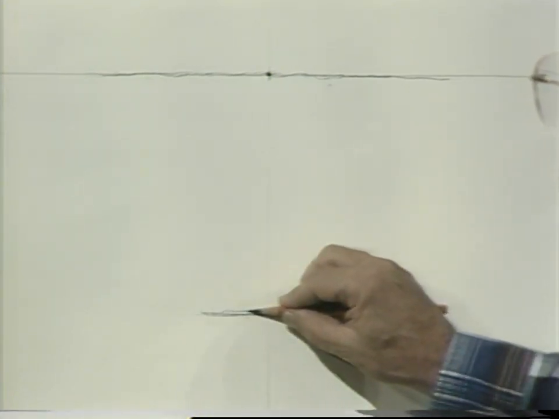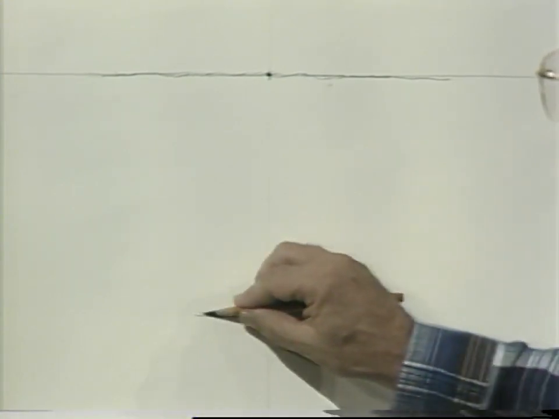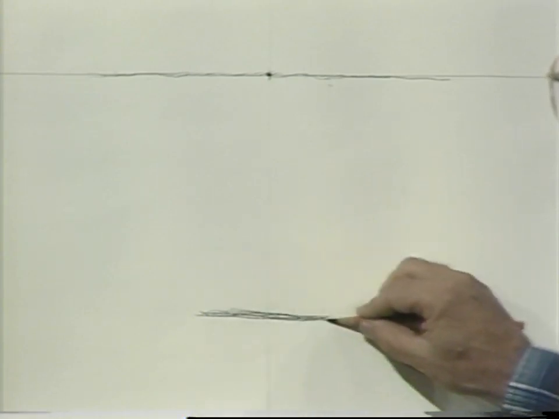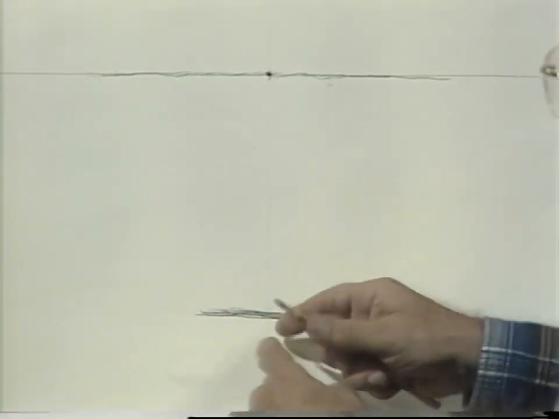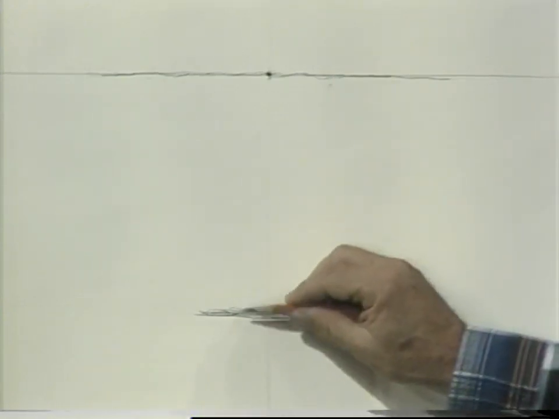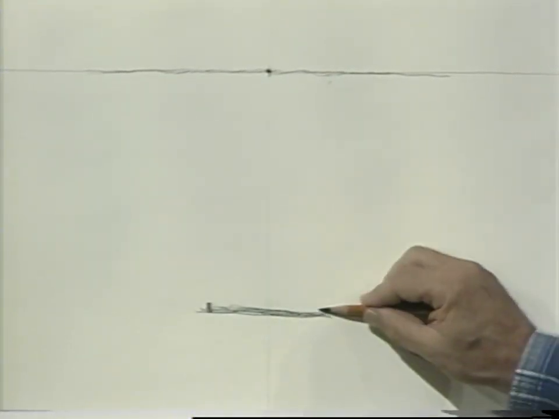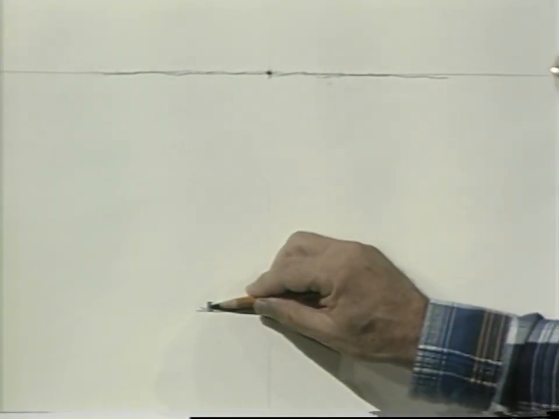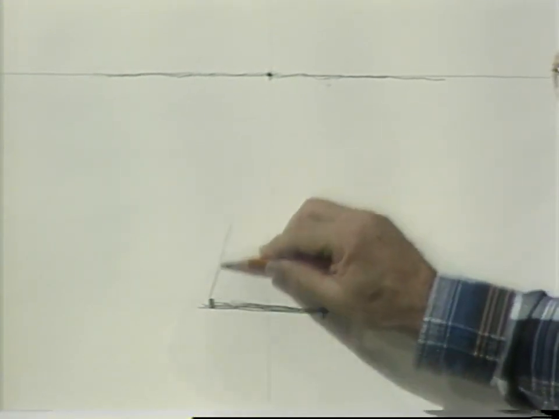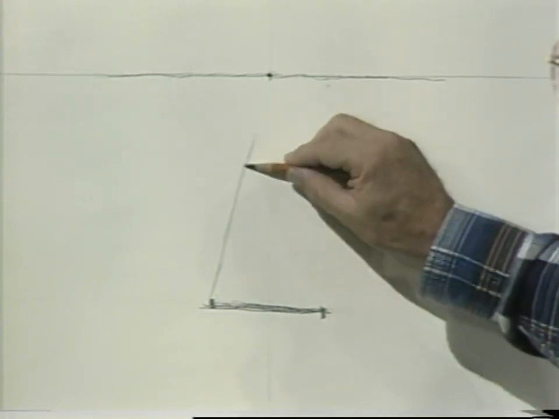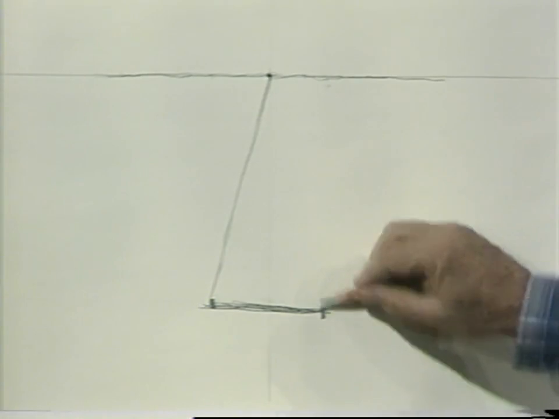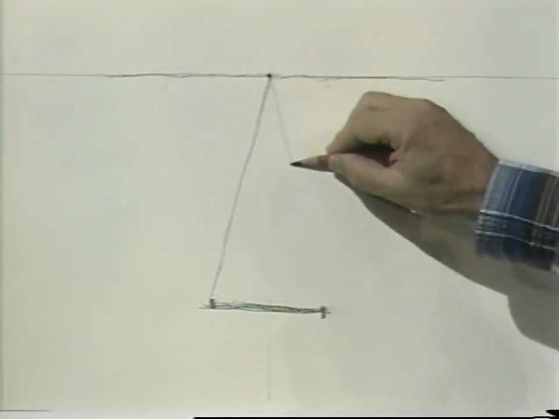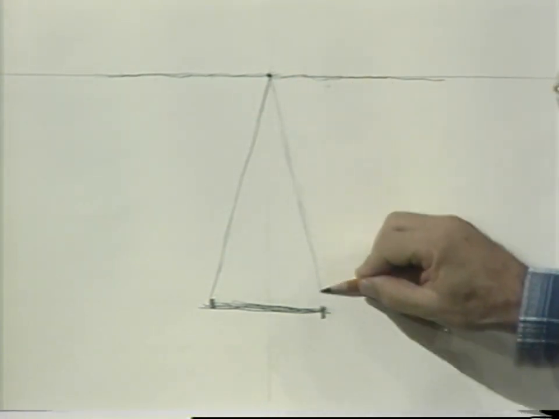Now if I come down here and say, well, this is the top of the box here, and I sketch a line. Now this could be turned different ways, but here it's turned parallel to the eye level. And I want the box to be this wide. Then from that point, my line is predictable. I know that I'm going right to that point. And from this edge, I know I'm going right to that point.